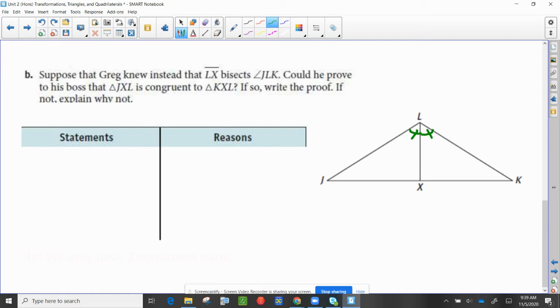Could he prove to his boss that those triangles are congruent then? So we have this angle. Remember, we know reflexive property, so we know that LX is congruent to itself. But that's all we actually know here. So I only have a side and one angle. So we can't actually prove congruence here. That's a no.